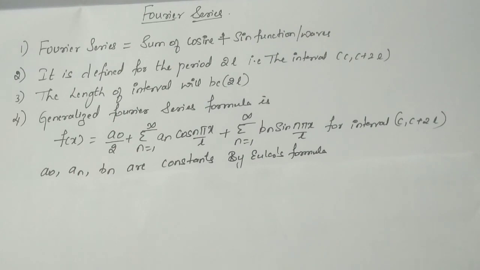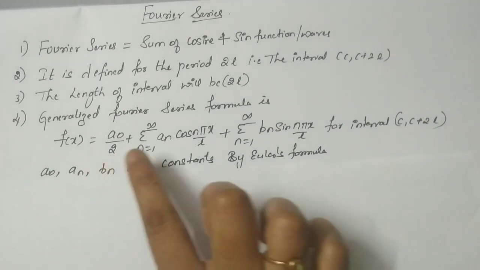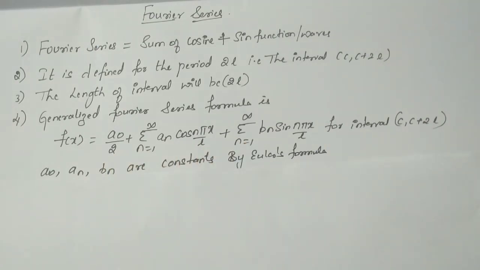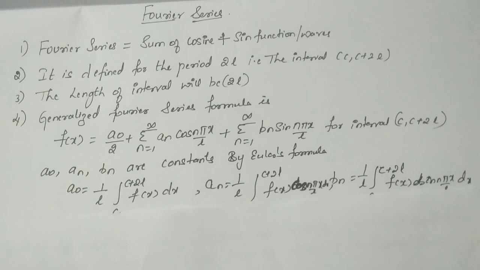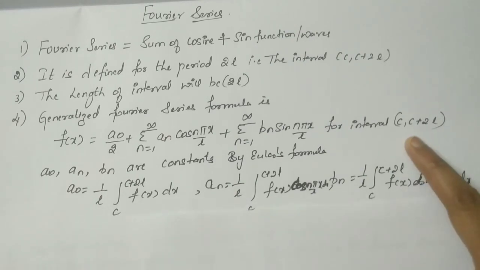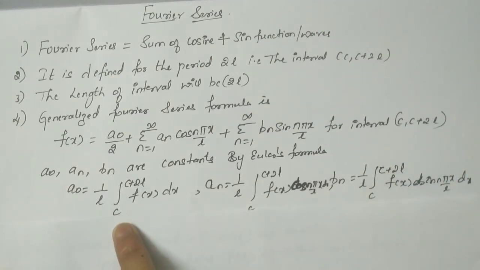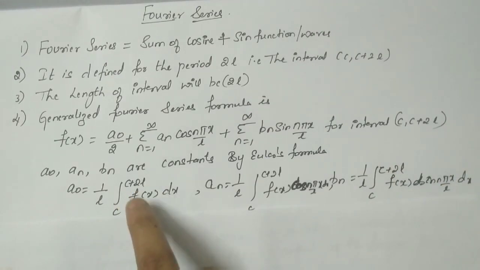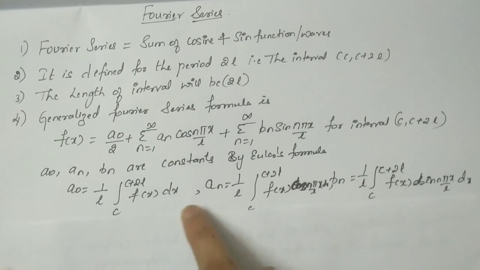The name indicates it's a series. You will have a sum of terms where you have to find the constant values a0, an and bn. These are nothing but constants whose formulas are obtained by Euler, given by a0 is equal to 1 by L. Since our interval is c to c plus 2L, you integrate over the complete length, c to c plus 2L, f of x dx.